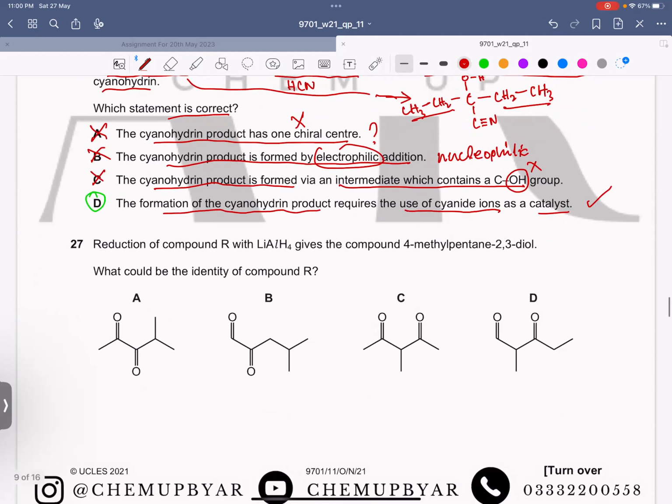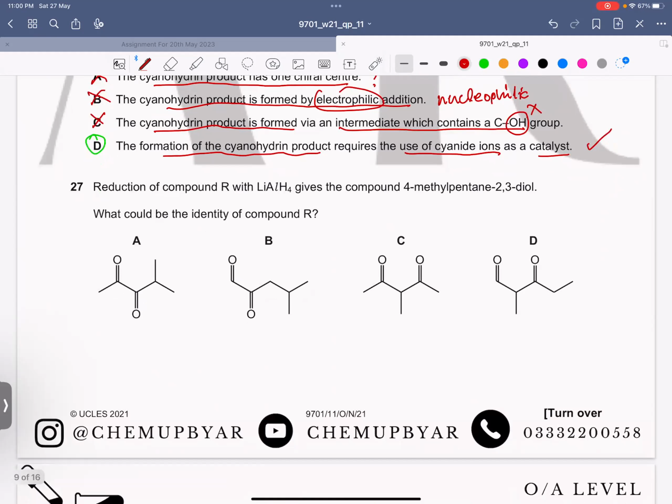Now question number 27. Reduction of a compound R with LiAlH4 gives the compound 4-methylpentane-2,3-diol. What could be the identity of compound R?